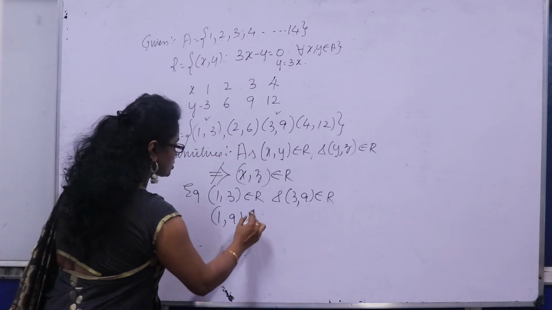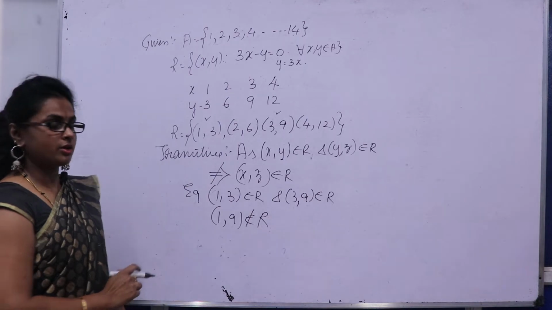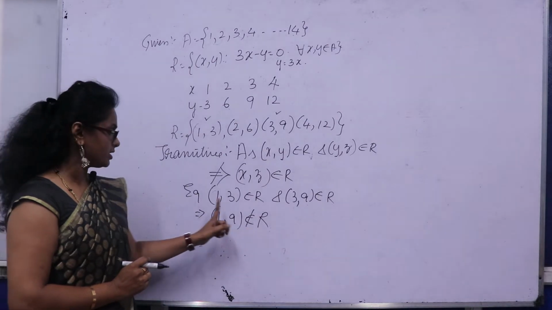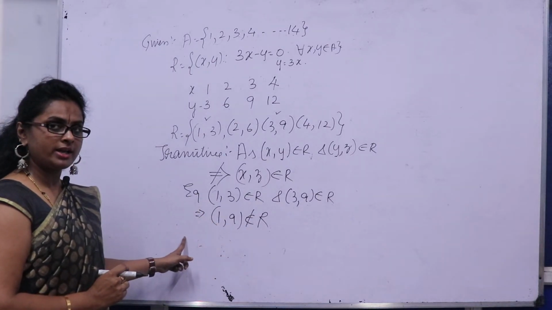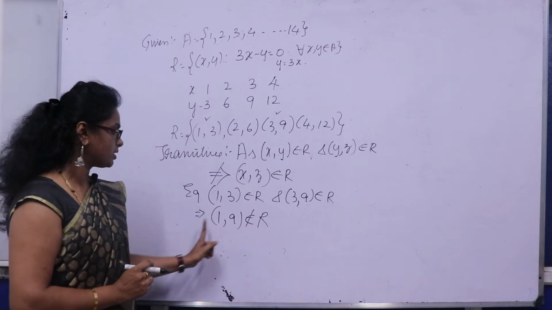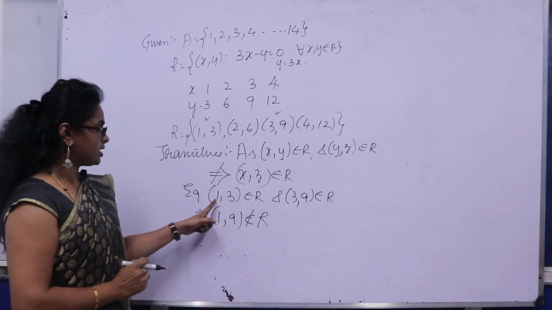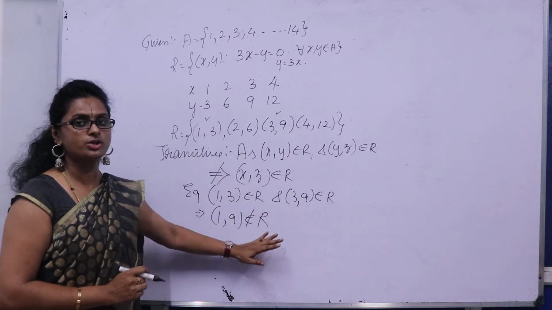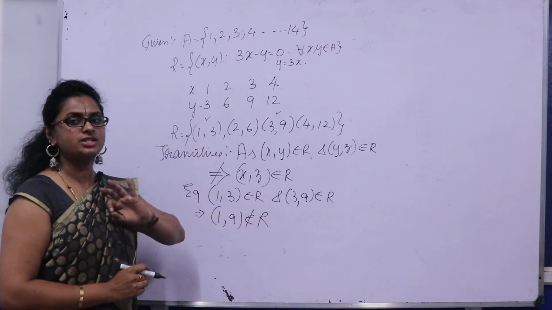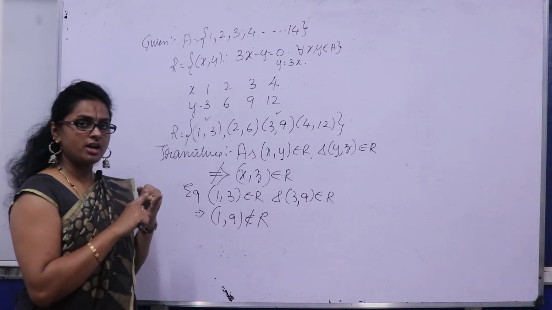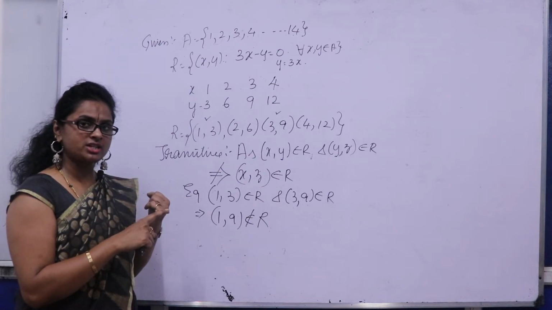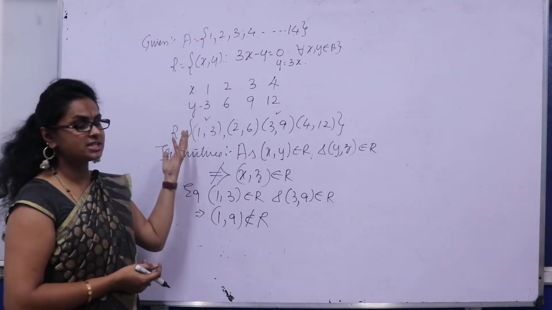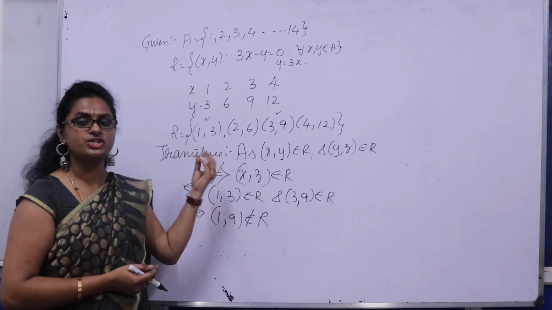No, it does not belong to R, which implies that (1, 9) does not belong to R. Either you have to go with this implies, or not implies. Don't go with two simultaneously. So here (1, 3), (3, 9). So you need to have (1, 9). (1, 9) does not belong to R. So it clearly says that it is not a transitive relation. So now reflexive is not satisfied, symmetric is not satisfied, and transitive is also not satisfied. Hence this is not an equivalence relation.